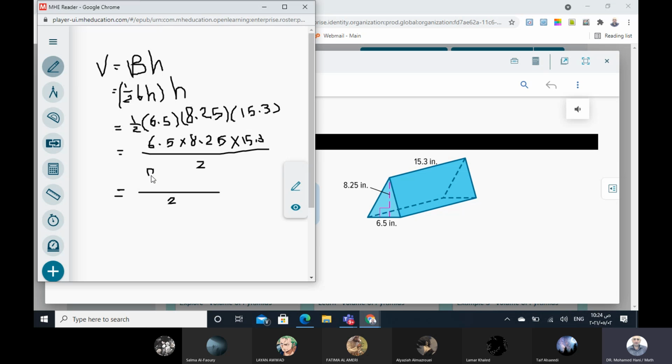So the answer will be 820.4625, then divided by 2. So the answer will be 410.23.